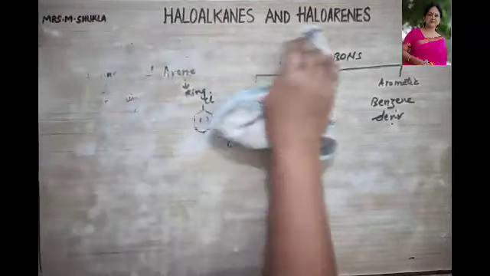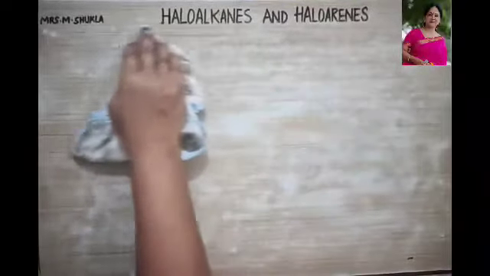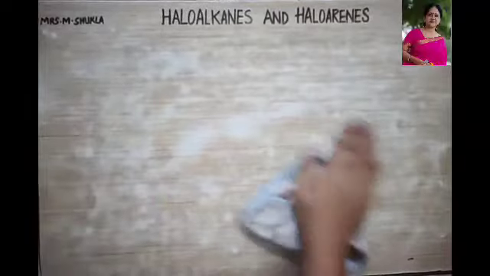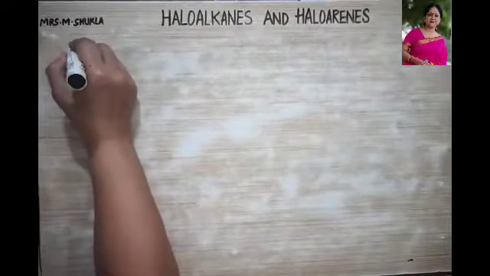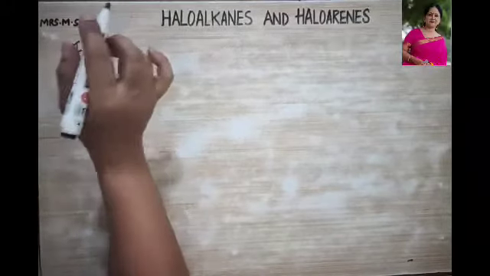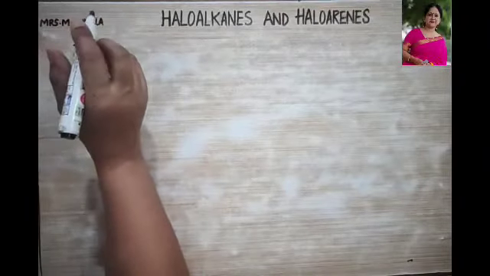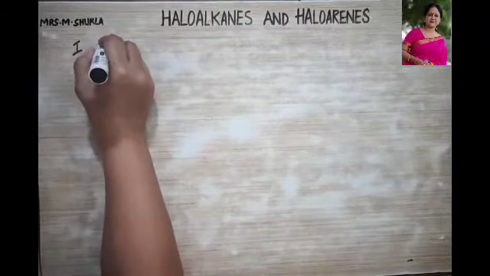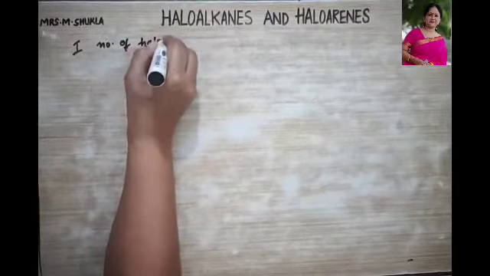Now we move to the classification of haloalkanes and haloarenes. The first classification is based on the number of halogens attached to a carbon chain.